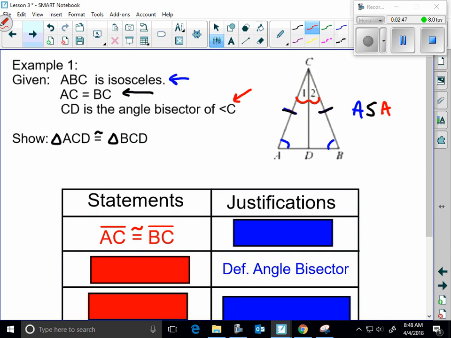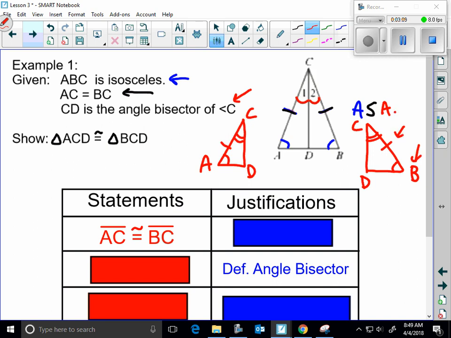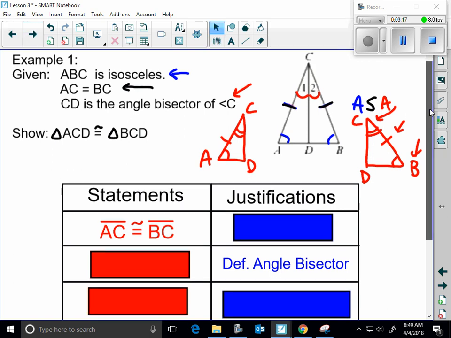So if I were to split this triangle up into 2 triangles, here's one, it's ADC. Here's the other, it's the BDC. These are my markings. I notice that I have an angle, then a side, then an angle congruence. Angle, side, angle congruence. So let's move on to our statement justification 2-column proof.